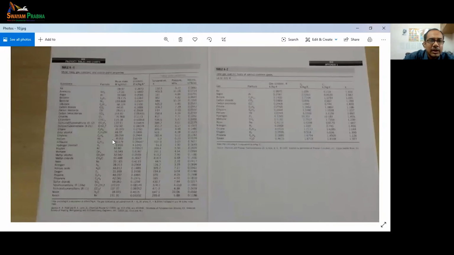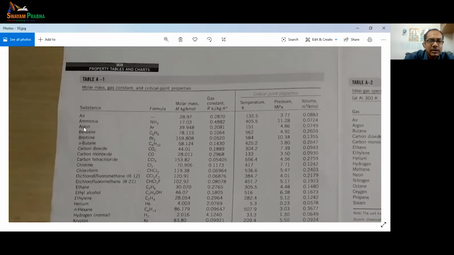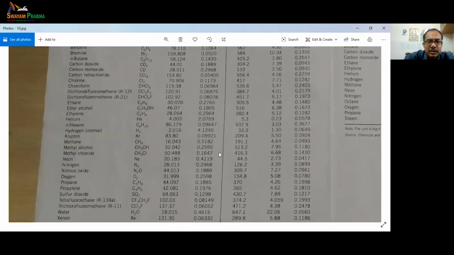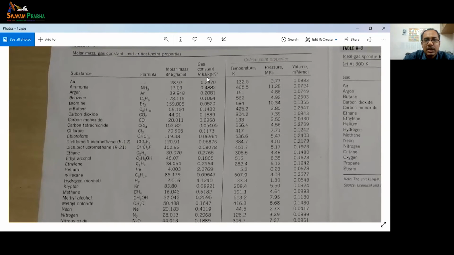Okay, coming back to this table again, we have looked at the air value earlier. Now we will use the value for water. At the bottom of the table, you can see this is water, and the fourth column is the gas constant, which is 0.4615, and the unit is kilojoule per kg Kelvin.